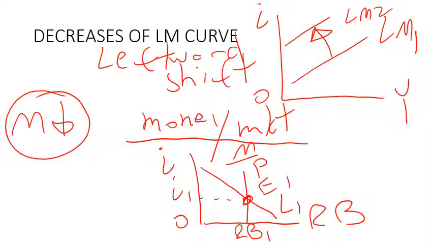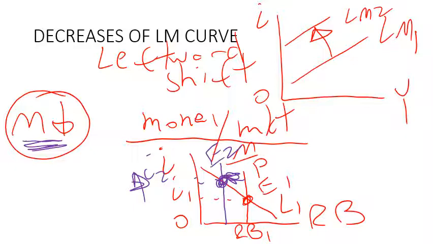So let's see. A decrease in the nominal money supply would shift, right? It would shift the real money supply curve leftward, and the equilibrium would move from E1 to E2, and that would increase the interest rate.